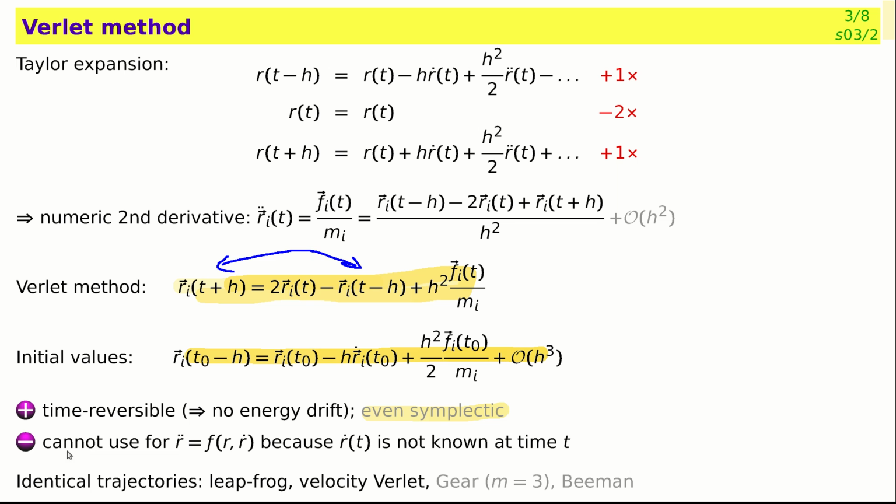Then I cannot directly use this method if I have velocities at the right-hand side. There are several equivalent formulations of this method, like Leapfrog, that I will show you briefly, and others. They are equivalent, or better said, they provide exactly the same trajectories, but they may provide different velocities, but all of them within the same accuracy.